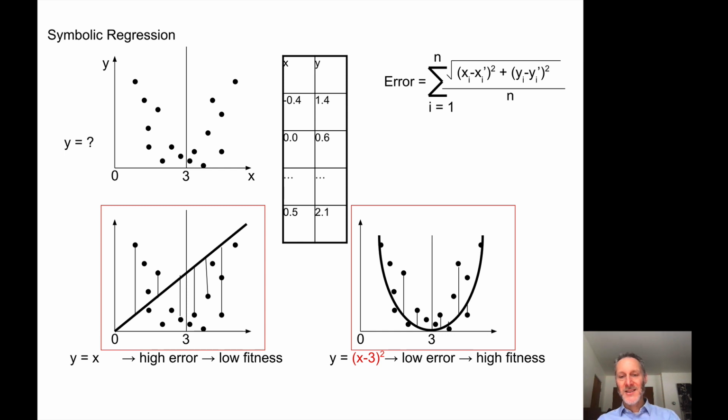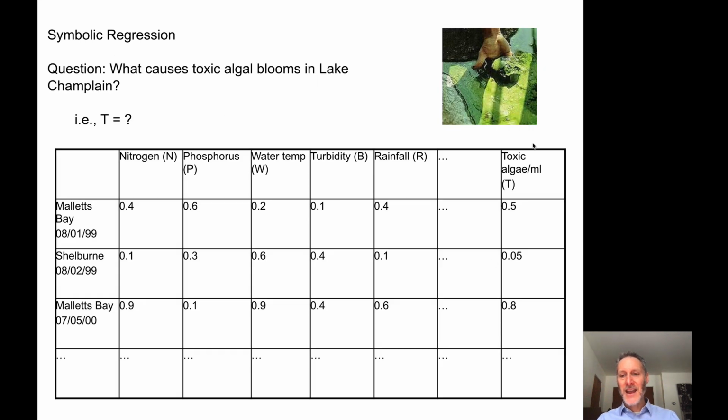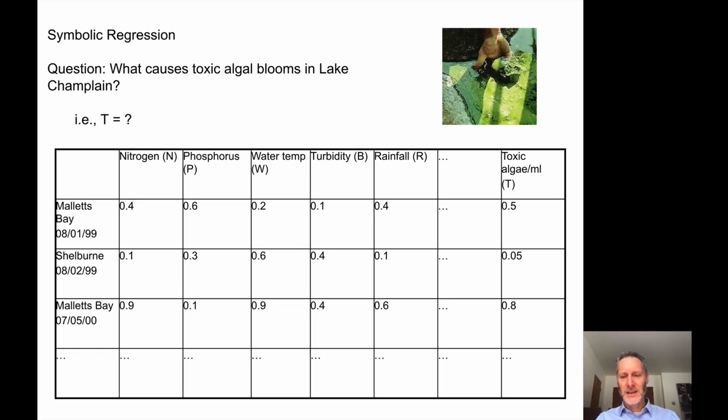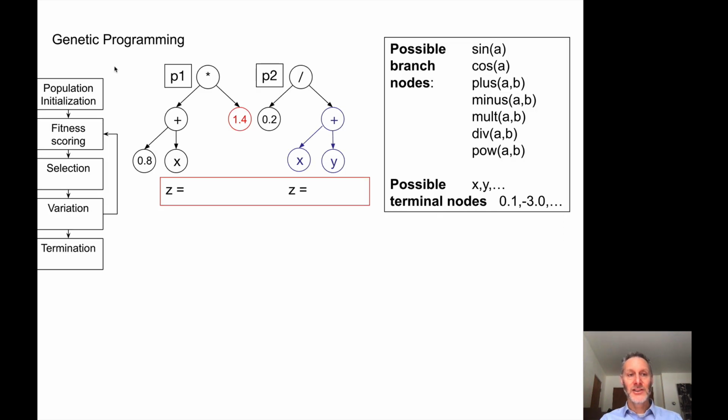And then the sixth vertical dimension is T, toxic algal blooms. Okay, so what is this equation? Nobody knows, but some researchers here at UVM have actually applied genetic programming to try and find out.